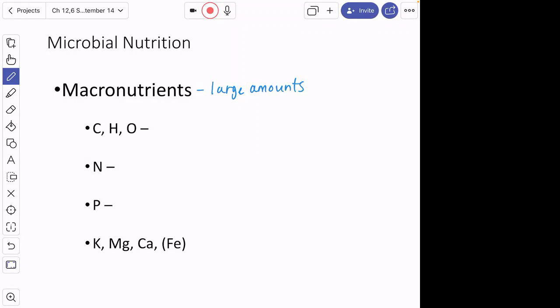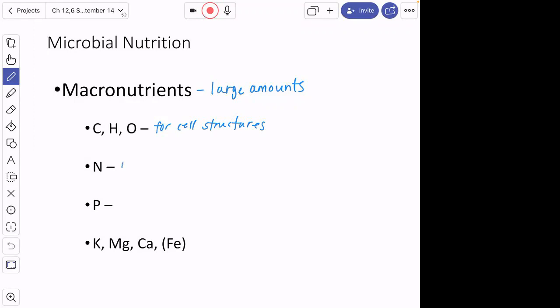So carbon, hydrogen, oxygen, those they just need in massive amounts. And we'll just say for cell structures, because they're going to be in almost everything in the cell wall, you name it. Okay, and then nitrogen. Think about structures that are nitrogenous, rich in nitrogen.